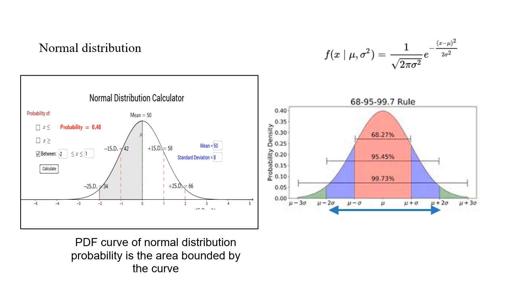Between mu minus 2 sigma and mu plus 2 sigma you will have 95.45%, and between mu plus sigma and mu minus sigma you will have 68.27% of the data. So basically the entire data lies between minus 3 sigma to 3 sigma distance, 99.73, you can assume it's almost 100%. So this is the 68, 95, 99.7 rule, and we'll see some examples to understand this.